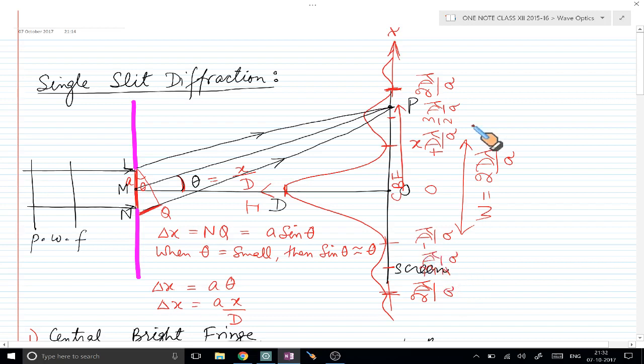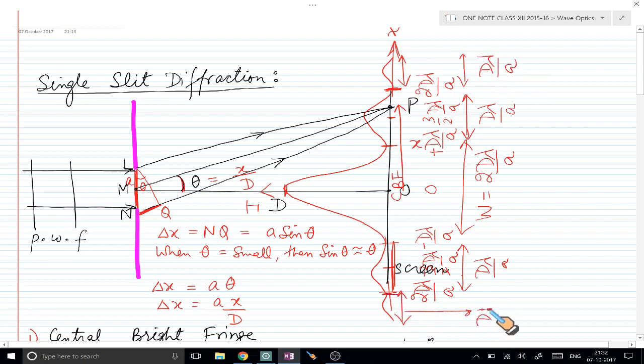So the width of the secondary maxima is 2D lambda by a minus D lambda by a, which is D lambda by a here, and here it is again D lambda by a. What we observe is the width of all secondary maxima is D lambda by a here also and here also, but the width of the central maxima is 2D lambda by a.